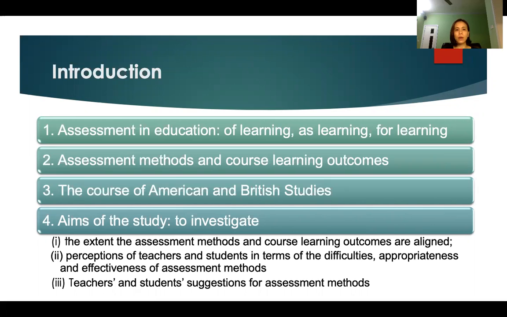The aims of our research are to investigate the extent to which the assessment methods and course learning outcomes are aligned, and the perceptions of teachers and students in terms of the difficulties, appropriateness, and effectiveness of assessment methods. As well, we also examine the teachers' and students' suggestions for assessment methods.